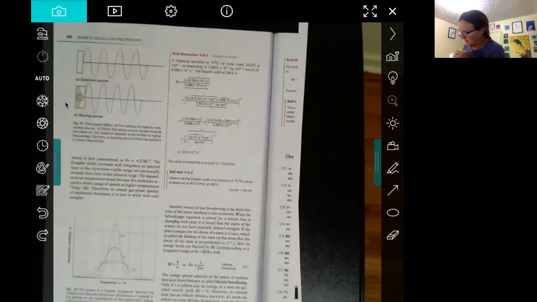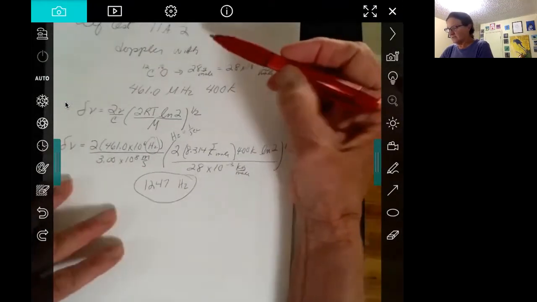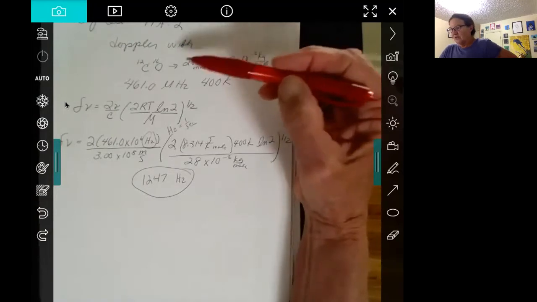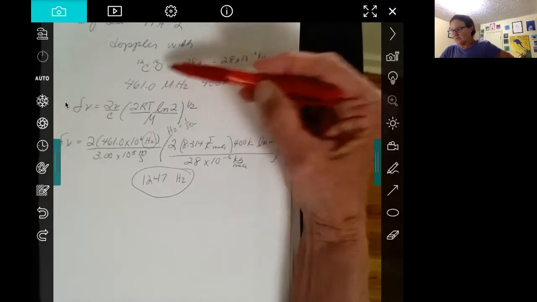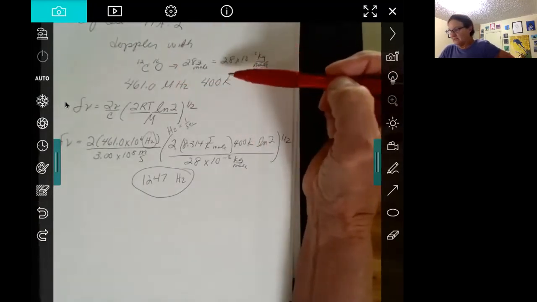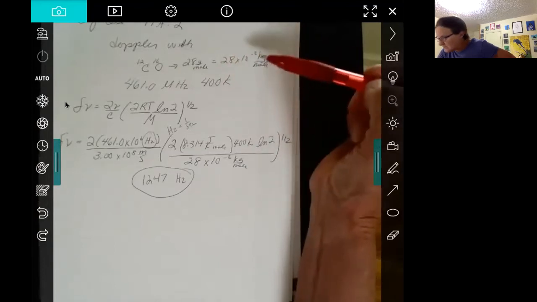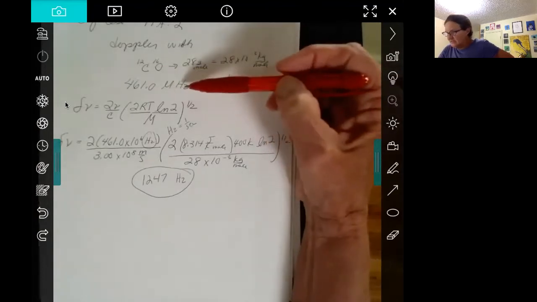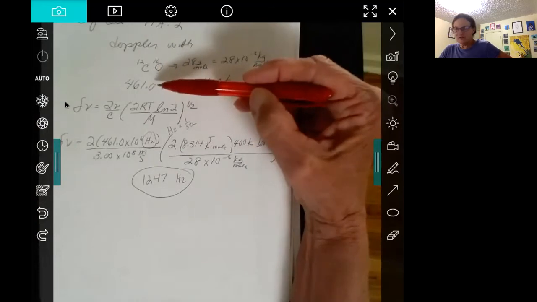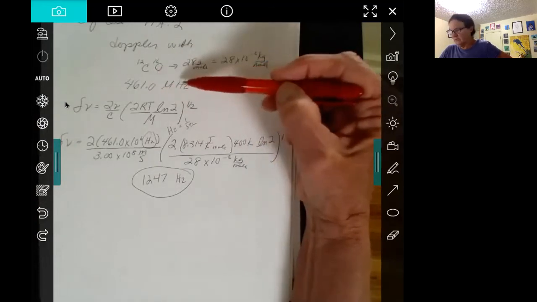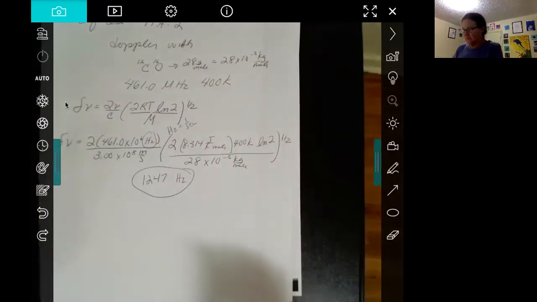So we can just look at how broad it might make it. This problem asks you, what's the Doppler width if you have carbon monoxide and you're at 400 degrees and you're interacting with light that has frequency of 461 megahertz? If I just keep everything in SI units, I won't have to worry.